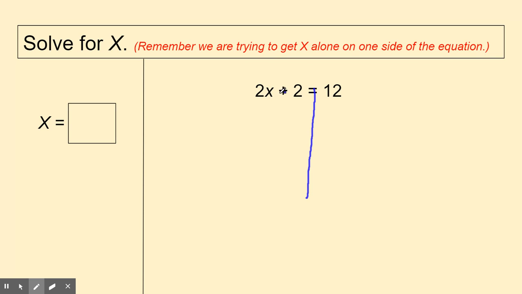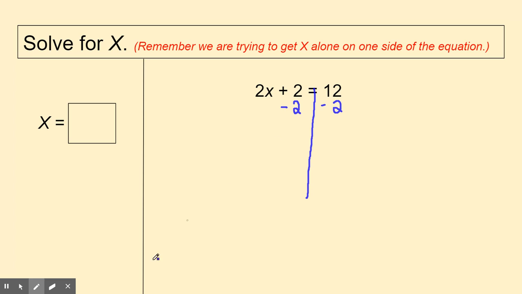So 2x plus 2. I'm going to first try to isolate this x. So I'm going to do the opposite of plus 2, which is minus 2. So I'll subtract 2 from both sides.